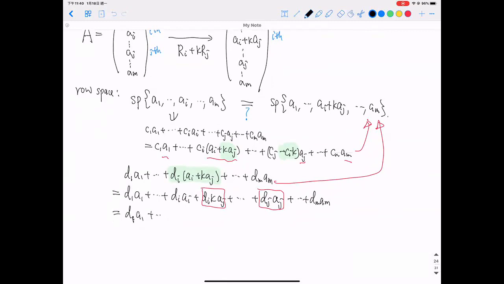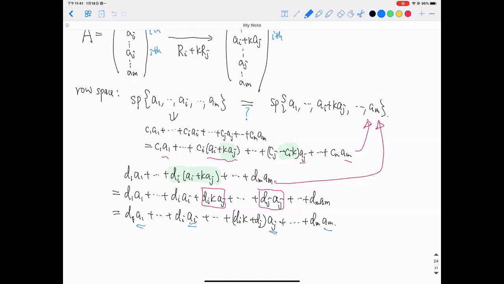Now what I should do is combine the two terms involving Aj, and the result is the following. And now this is evidently a linear combination of just the A's.